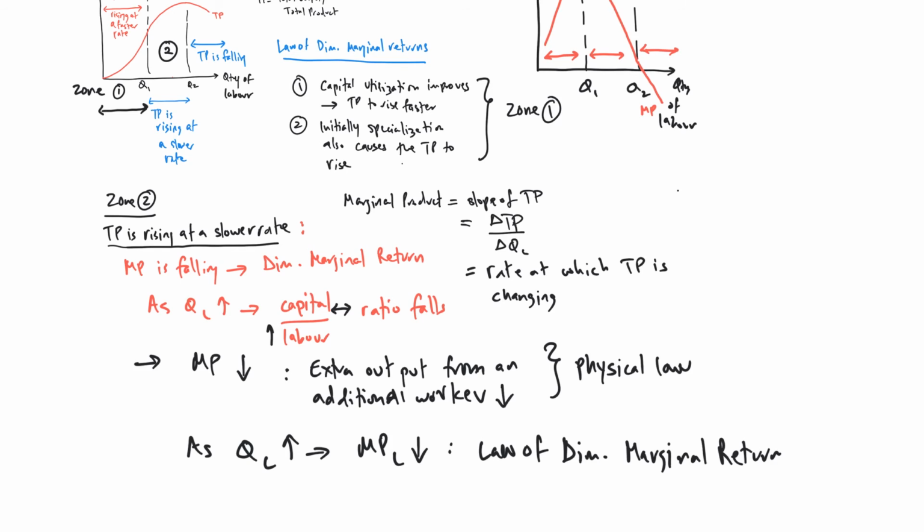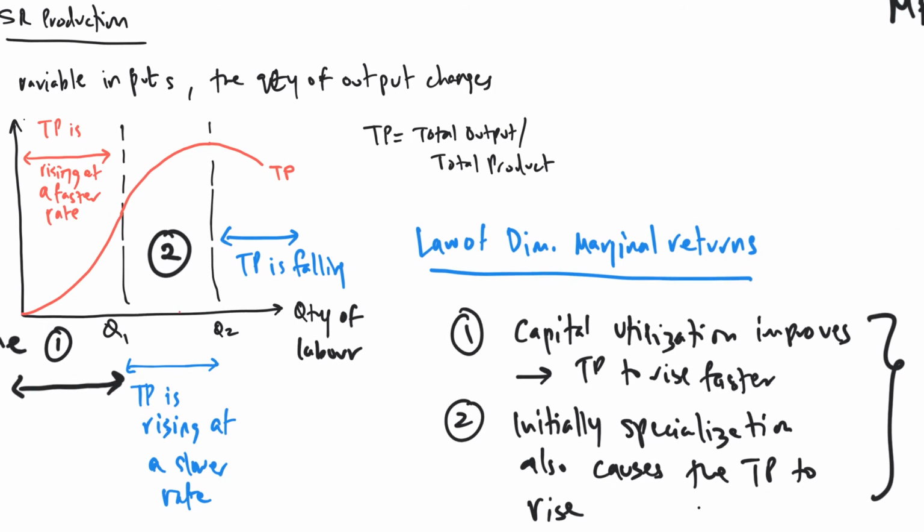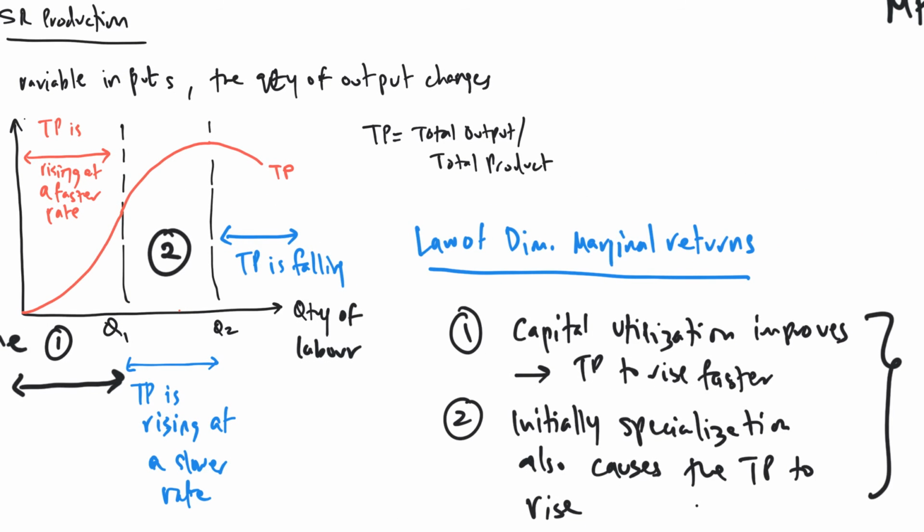Okay, are we good? This brings us to the next concept, which is the third zone, where TP is falling or MP is negative. There comes a point when it becomes so crowded. This is zone 3.